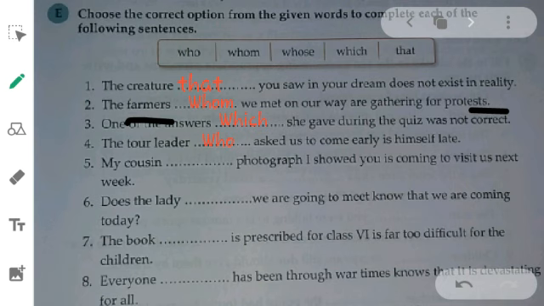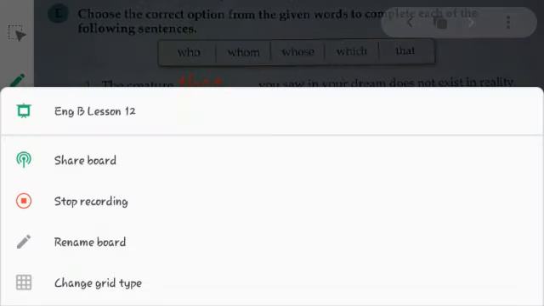So that is why it's a relative pronoun. And if there is a question mark after it and we are asking some question, like in the sixth blank where you have a question mark, whatever word you are going to use over here will be your interrogative word. So a few are done for your help, and the rest of the blanks you have to do by yourself. Thank you.